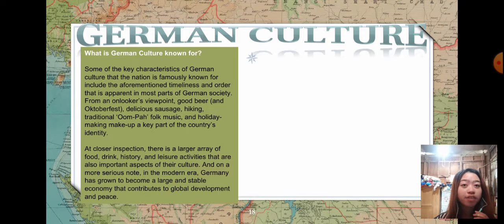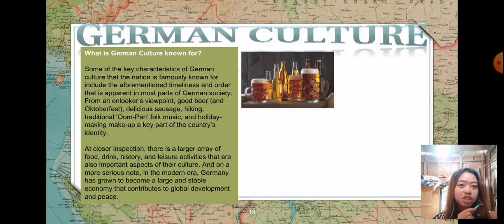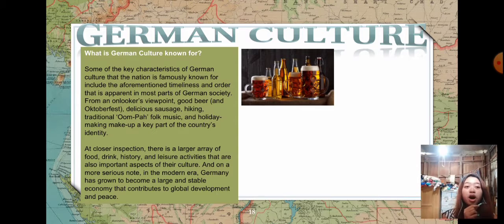Some of the key characteristics of German culture that the nation is famously known for include the aforementioned punctuality and order that is apparent in most parts of German society from an onlooker's viewpoint. Good beer, which is the Oktoberfest in Germany. Most of the German people like to drink beer, so they have an event which they call the Oktoberfest.